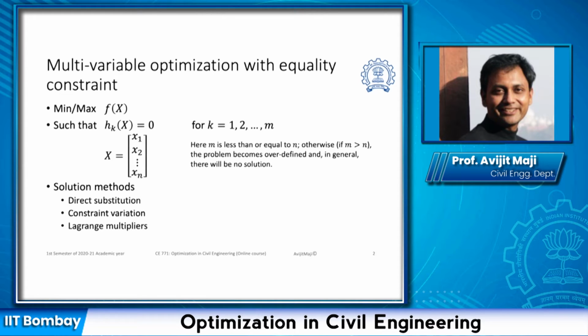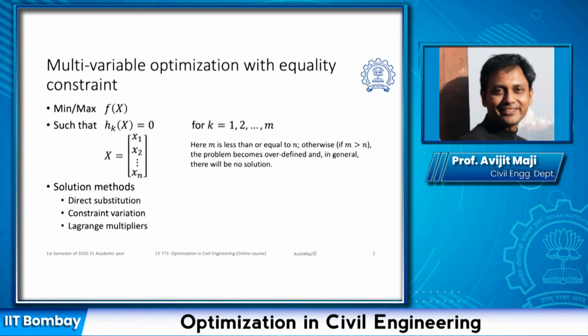Now we had also indicated that if the number of constraints is less than or equal to the number of variables, then we can solve for the n minus m variables.